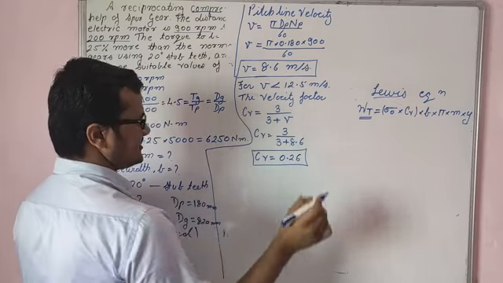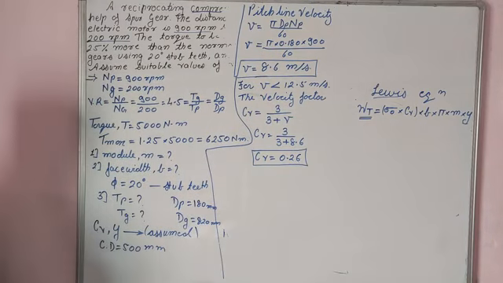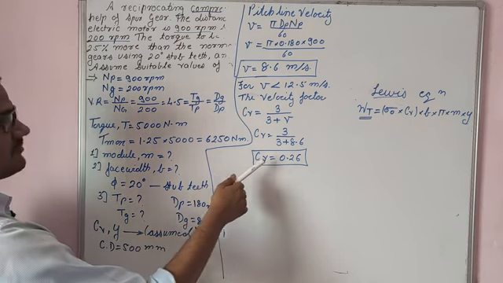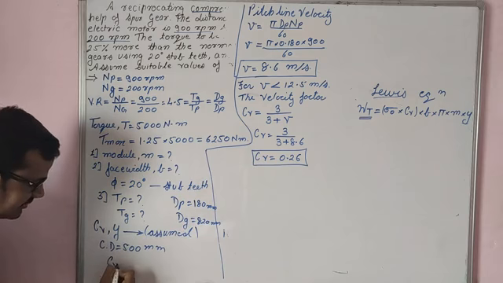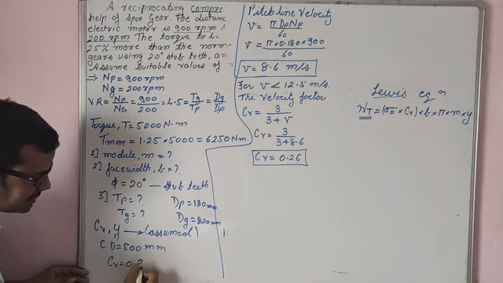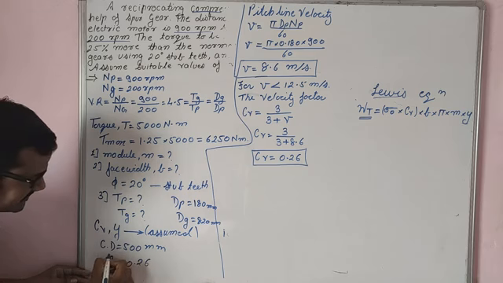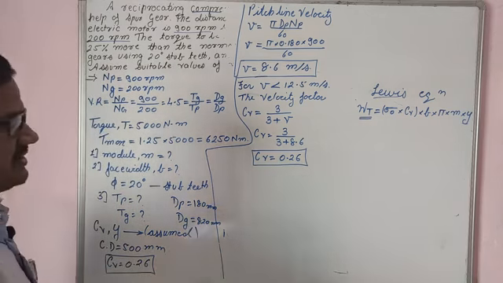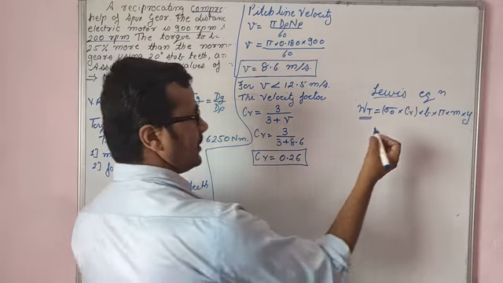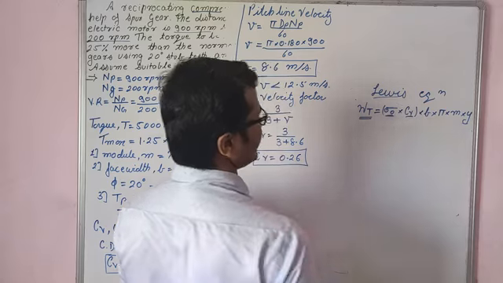So CV, which was supposed to be assumed, we have found its value as 0.26. That is the velocity factor, right? We are here with the velocity factor. Okay, we have CV. Now what about sigma 0?